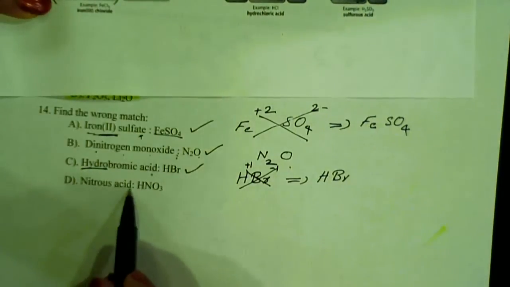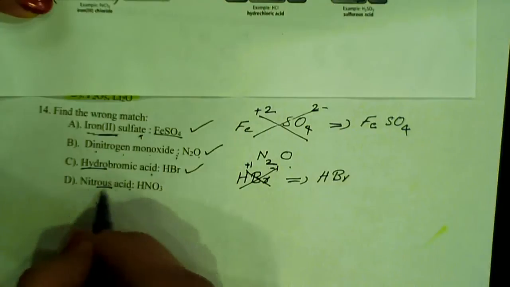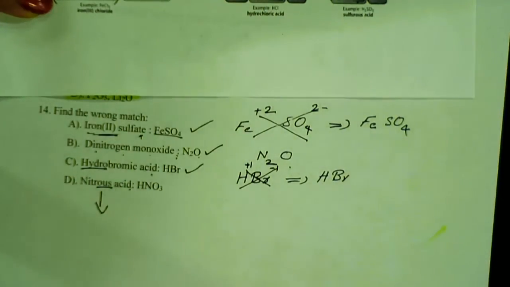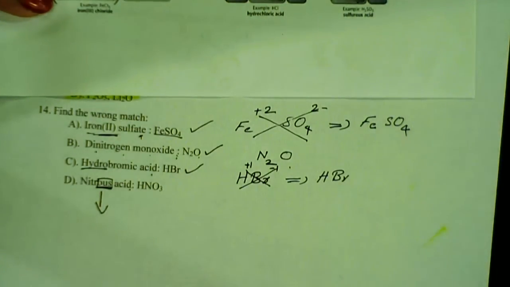But if the suffix for the polyatomic ion is ITE, like sulfite or chlorite, then when you name that acid, it is going to end up with OUS, chlorous acid, or sulfurous acid.